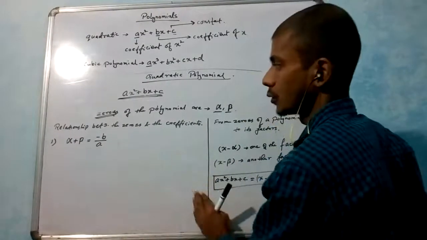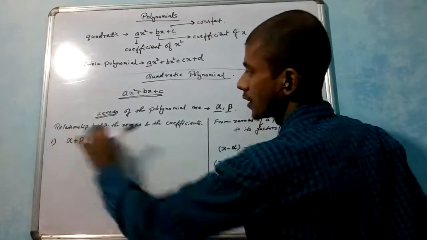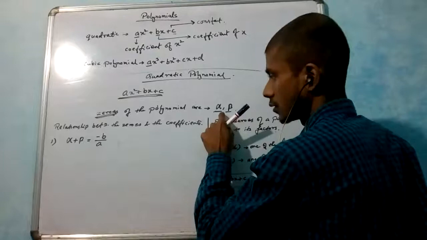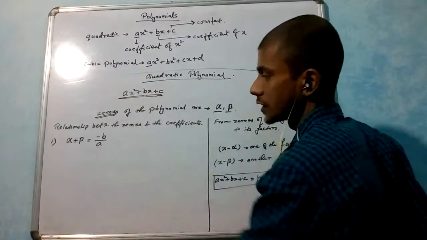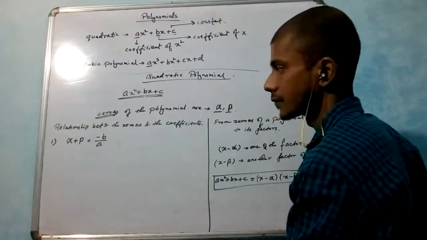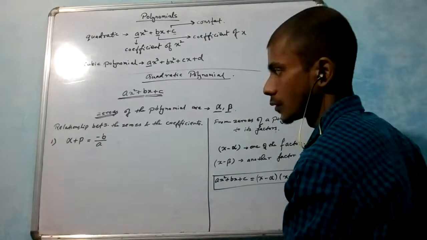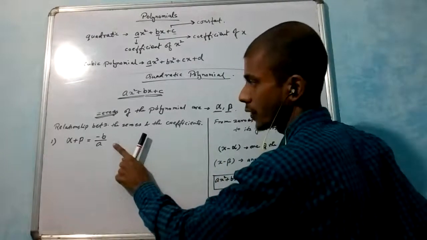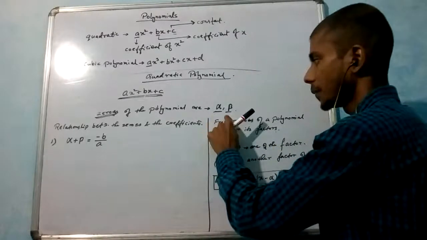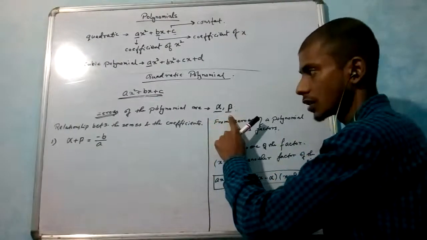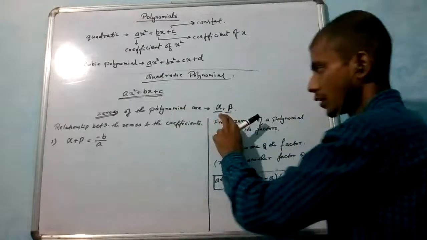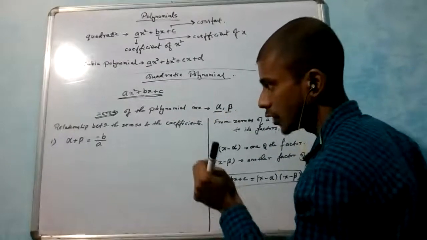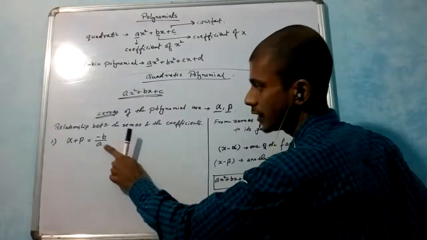There is a relationship between the zeros and the coefficients a, b and c. So how are they related to each other? They are related in this way. The first way: if we add alpha and beta, whatever the zeros are of the quadratic polynomial, you will find that value will be equal to minus b by a.